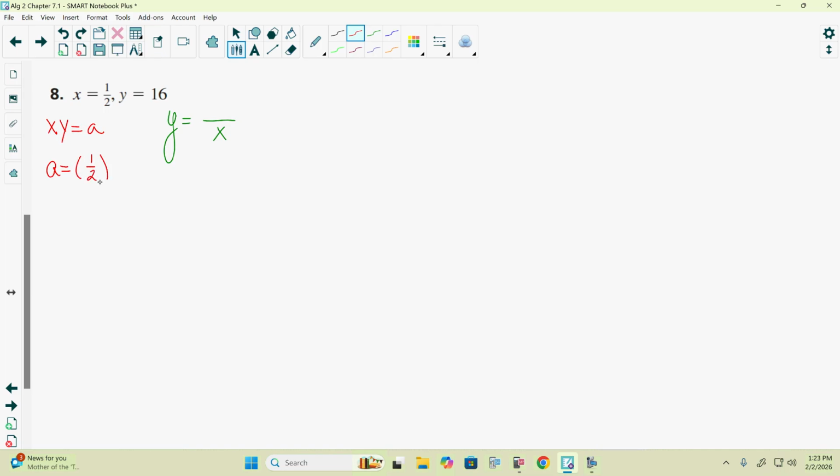So for us here, a is equal to 1/2 times 16. And 1/2 times 16 is 8. So our equation is y is equal to 8 over x.